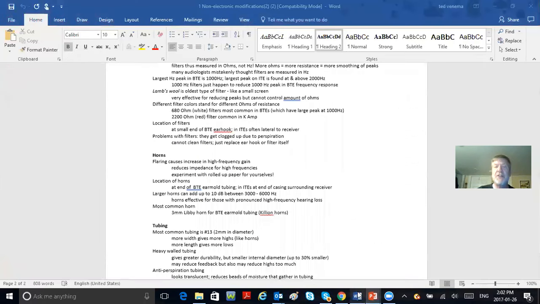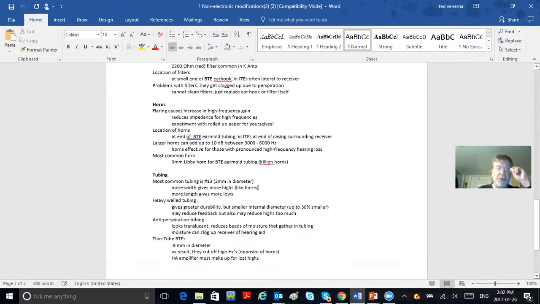We'll go back to the picture here and finish for today. Okay, so here you go. Most common tubing is number 13 tubing, 2 millimeters in diameter. That'll be on your quiz. Bet you dollars to donuts. Okay, thin tube BTEs, like we just talked about, their internal diameter, look what it says on the bottom, is less than a millimeter.